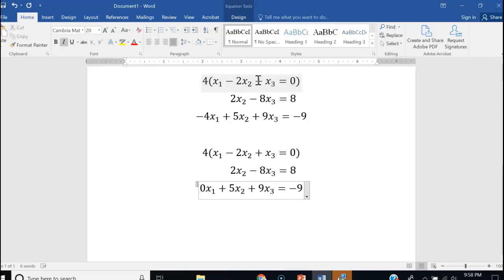So -8 x2s plus 5 means that the coefficient of the x2s should be -3. Again, I'm multiplying the top equation and adding it to the third one, all in this one step. 4 times x3 plus 9 x3 becomes 13 x3s.